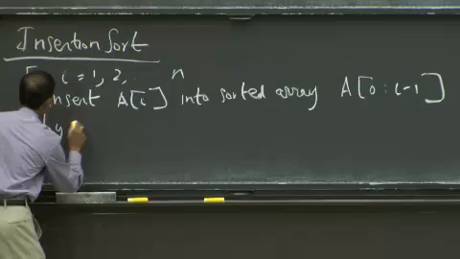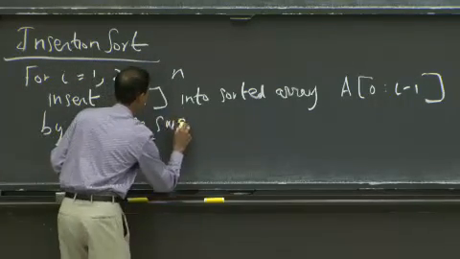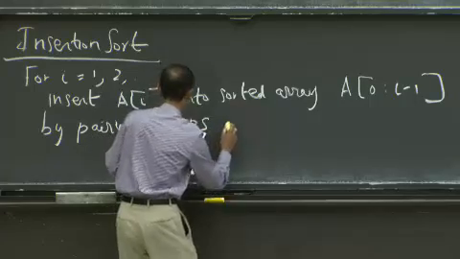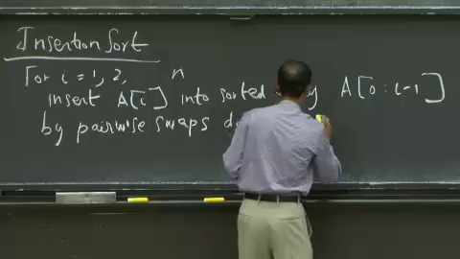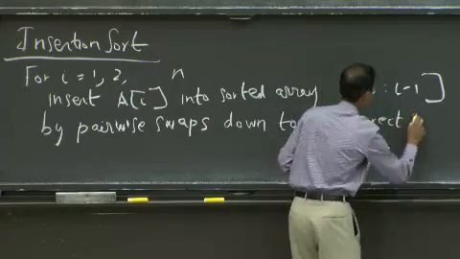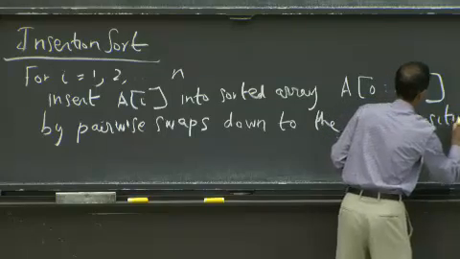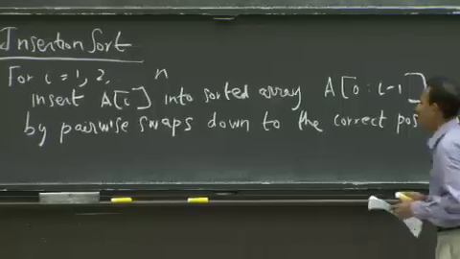And we're going to do this by pairwise swaps down to the correct position for the number that is initially in a of I.